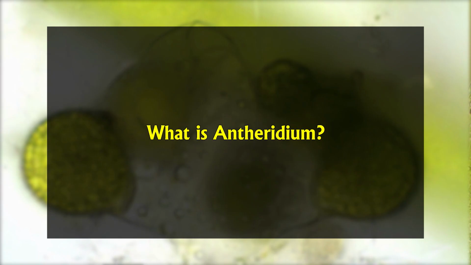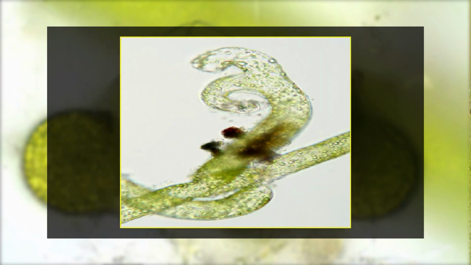Now let us try to understand what is antheridium. Antheridia are male reproductive bodies. They develop on the main filament or its lateral branch as strongly curved cylindrical structures.